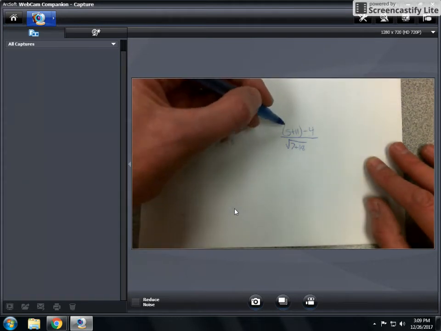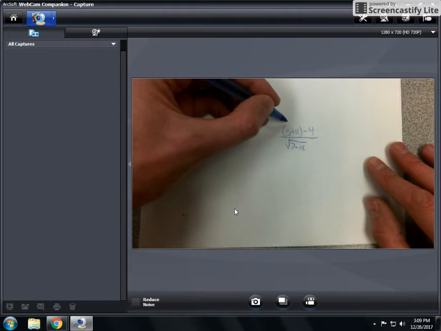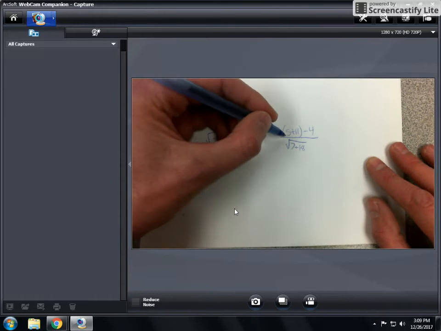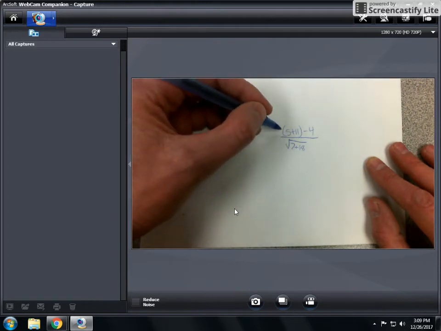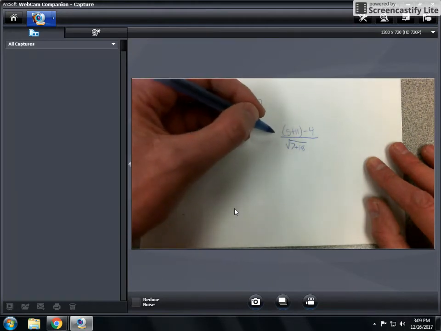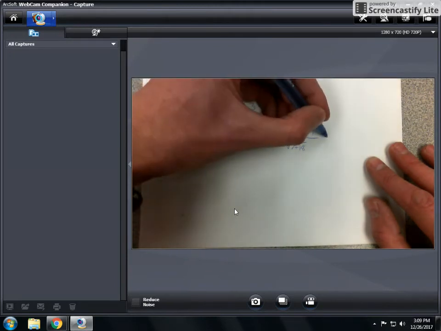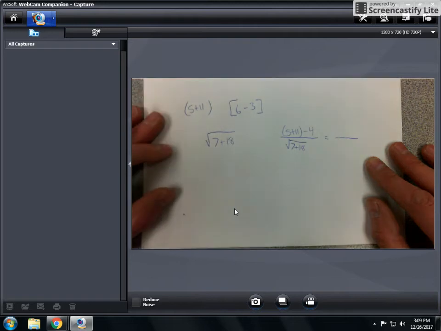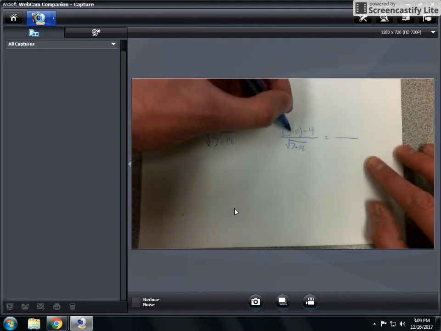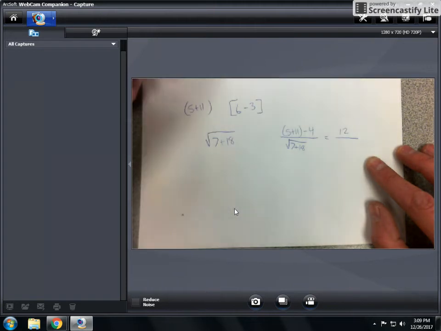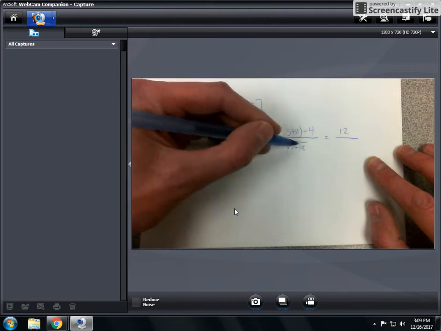You would do, even though they're not up here, we would do the numerator first and the denominator first before we dealt with it as a fraction, before we did any division. And so how I mean that is everything in the numerator would need to be done before we got rid of that fraction bar. So you would have to do 5 plus 11, which would be 16, minus 4 would be 12, and then you would do the denominator.